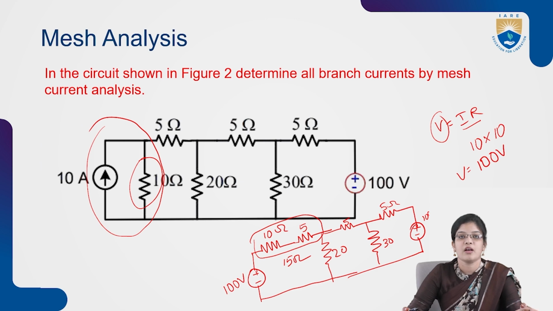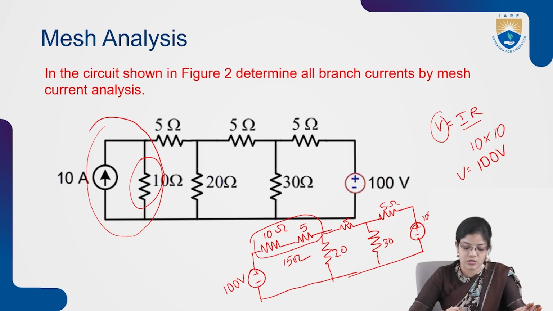So in this way we have to calculate if there is any current source connected in parallel with a resistance. First, to make the circuit easy, we have to convert that current source, which is connected in parallel with the resistance, into a single voltage source which will be connected in series with one resistance.